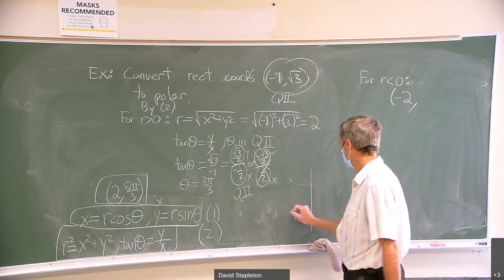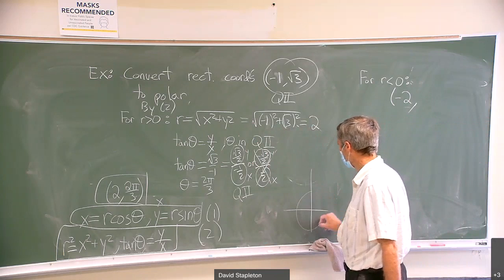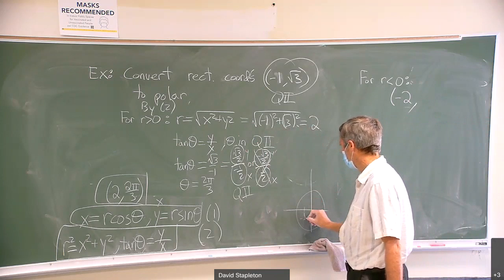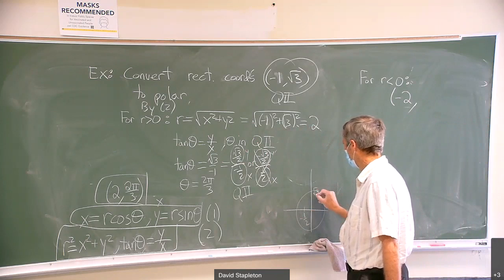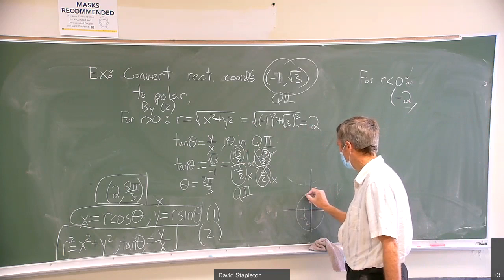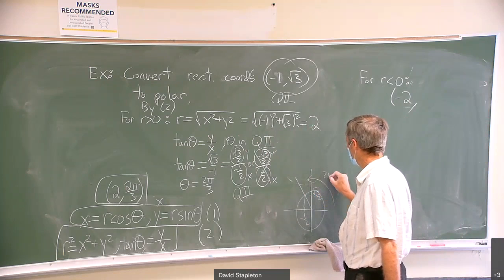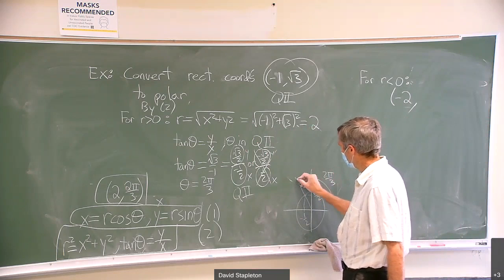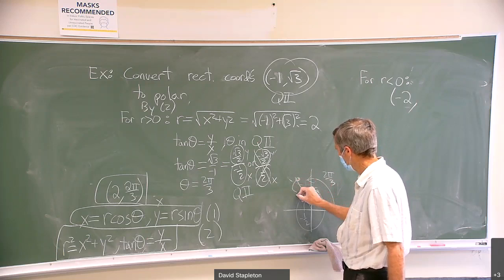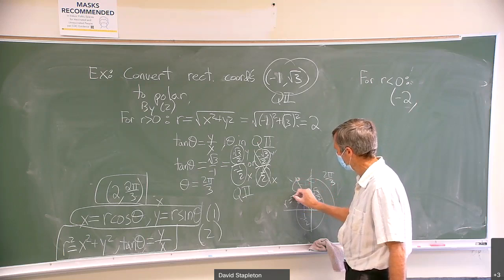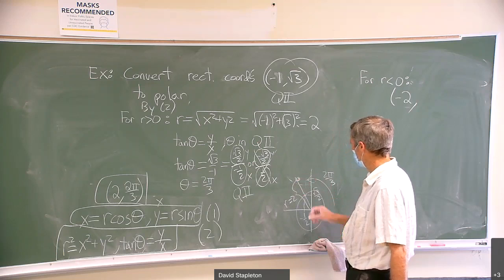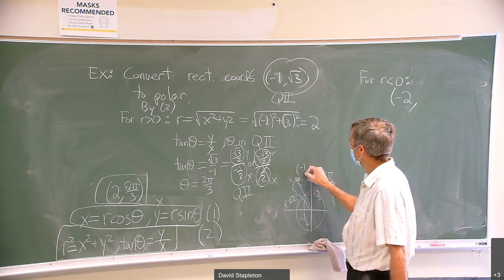Here was the picture of the unit circle. We're going to the point minus a half, square root 3 over 2, at angle 2 pi over 3. The actual point is 2 units out, r equals 2, at that same angle, -1, square root 3.